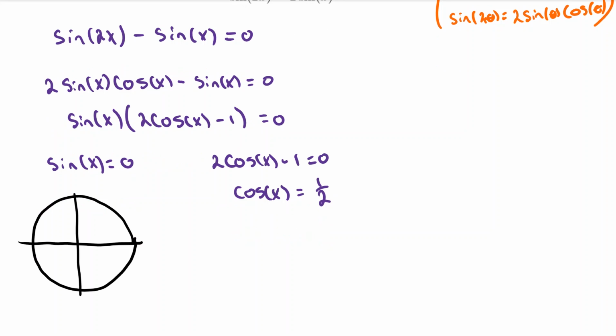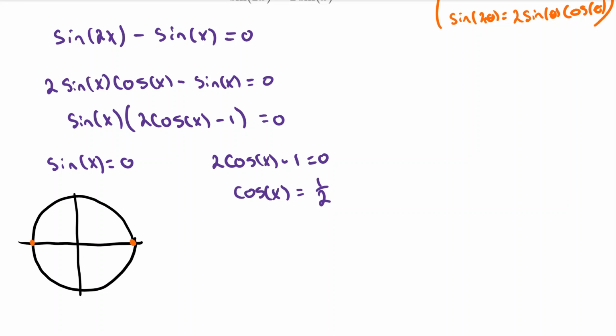Since sine is treated as the y coordinate on the unit circle, if we need to know where sine of x is equal to 0, it's just going to be equal to these 2 points on the x-axis. Angles that put us at those locations will give us sine of those angles equal to 0.